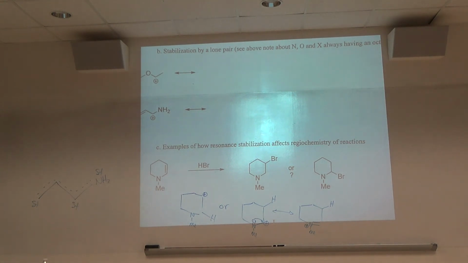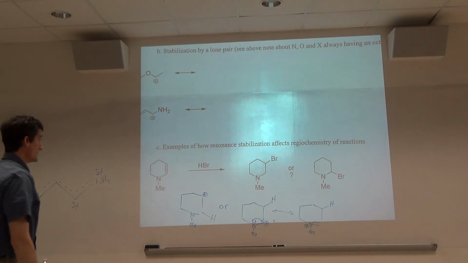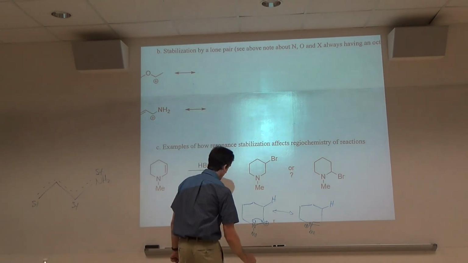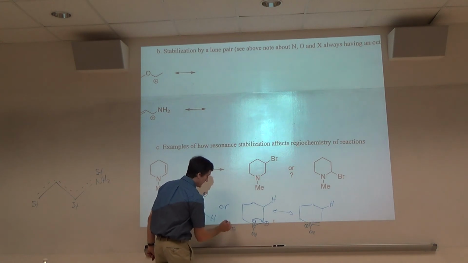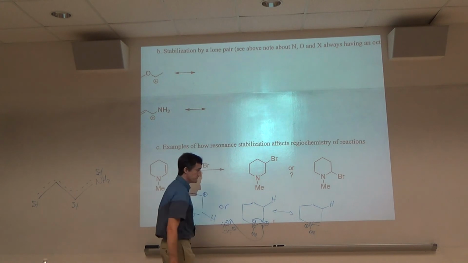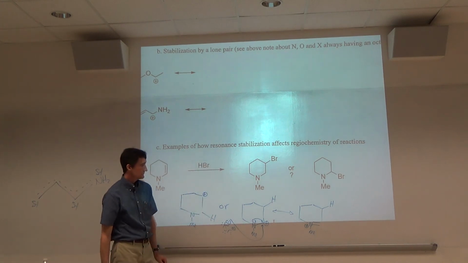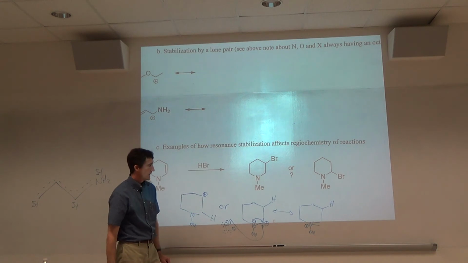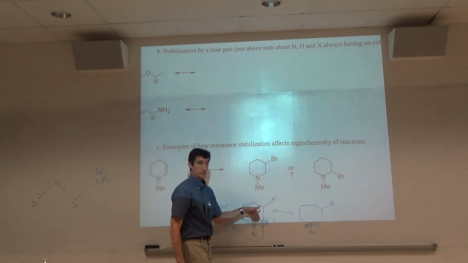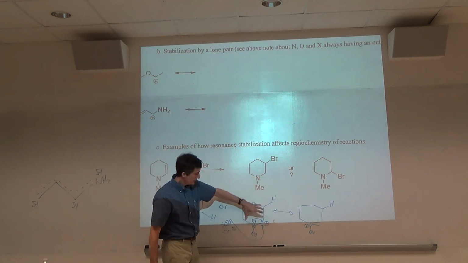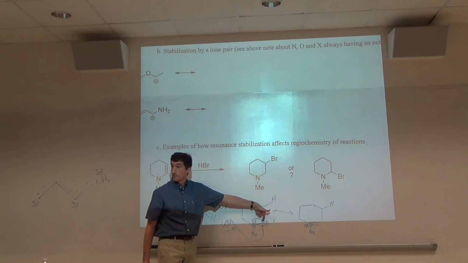That's going to be your intermediate because it's going to have the lowest transition state leading to it. And so the Br minus ends up attacking there. Now it really attacks the hybrid, but the hybrid still has some partial plus there.